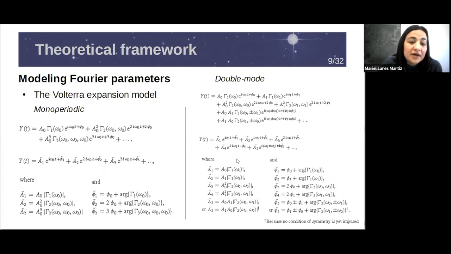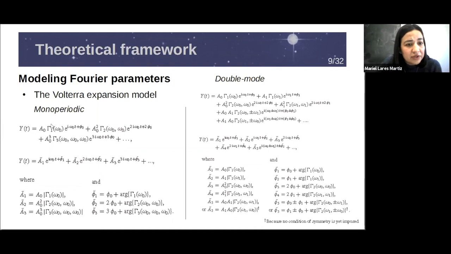It thinks of a pulsating star as a nonlinear system, where the input is a harmonic component, in this case one sine wave, and the output could be described by this equation, where we can see that the system is completely satisfied when we know these gamma functions.